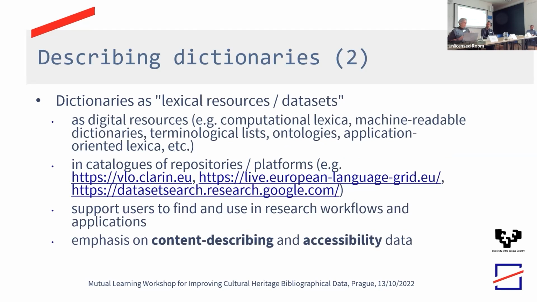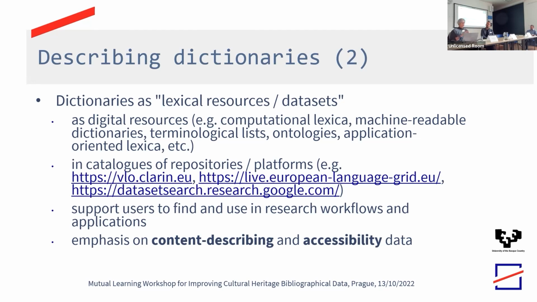On the other hand, there's also another community, that of language resources, lexical resources, and data sets, which come mainly from digital humanities, language technology, etc. communities. And there, the lexica are represented as digital resources.